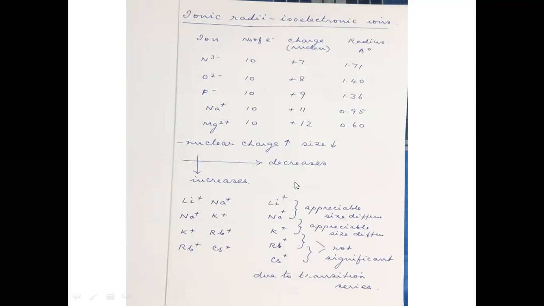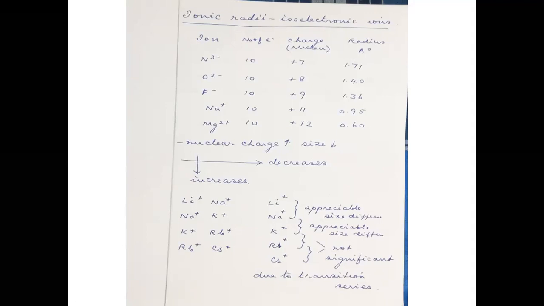Now, what happens to the ionic radius along the period? It decreases. You know the reason, because the nuclear charge increases and the size decreases. Also when you move from left to right in the periodic table, atomic number increases. Atomic number means the number of protons. Therefore, in order to compensate the increase in the positive charge, more electrons are added to the same subshell.